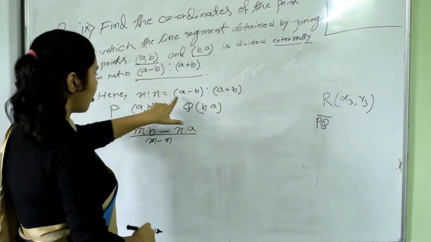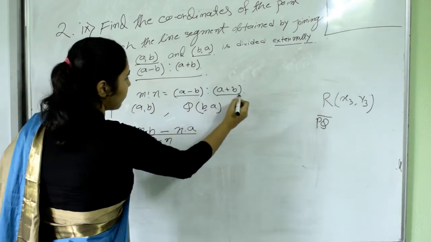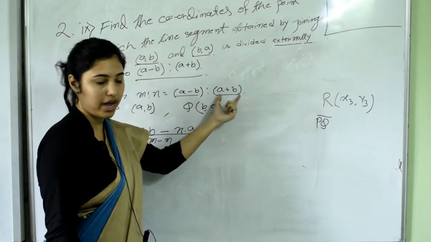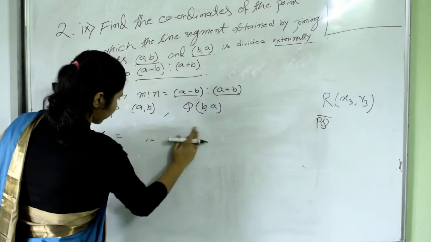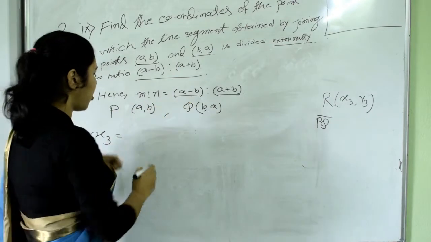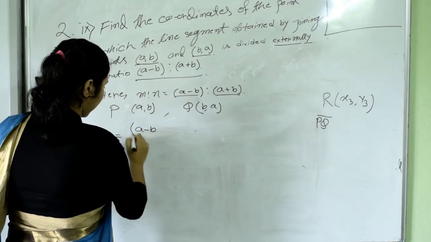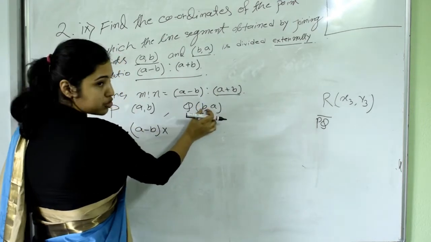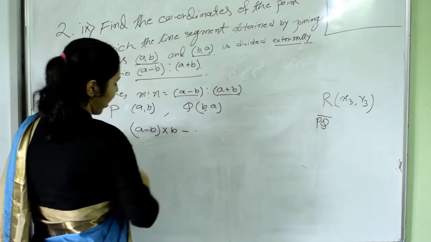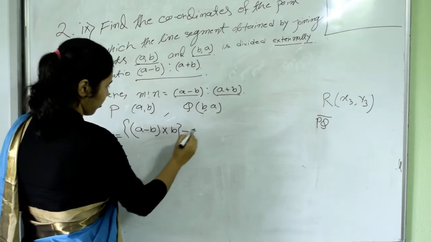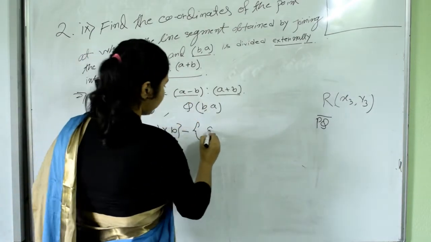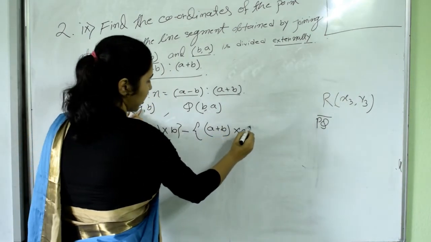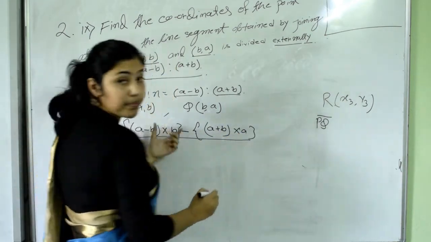Right? Now put the values of m and n. Here m is a minus b and n is a plus b. So first put the value of m: (a minus b) into x2, which is b, minus n, (a plus b), into x1, which is a, by m minus n.